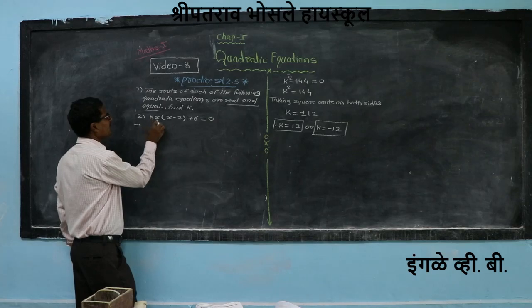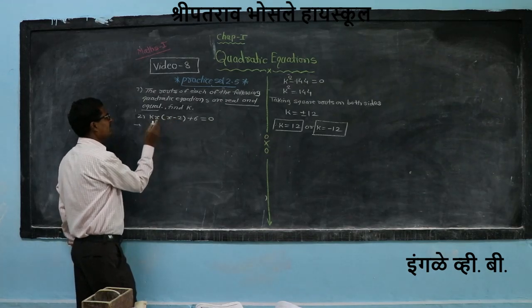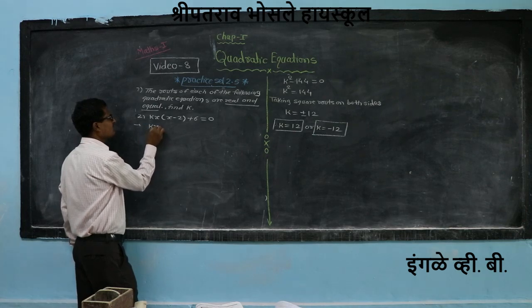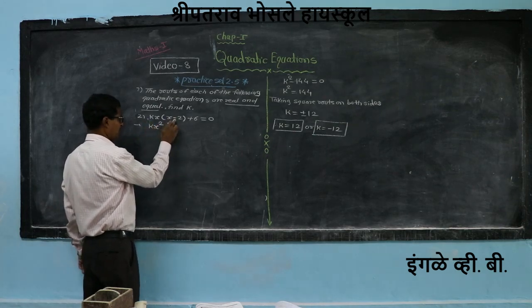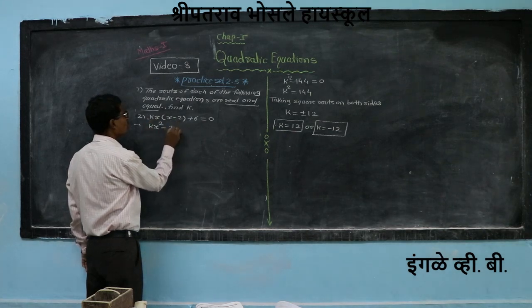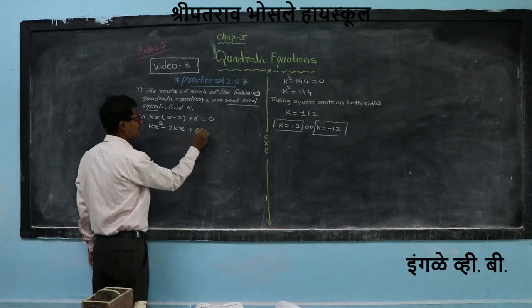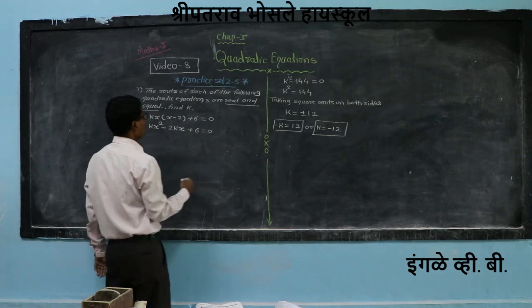Multiplying kx with both terms in the bracket: kx times x is kx square, and kx times minus 2 is minus 2kx, plus 6 is equal to 0.